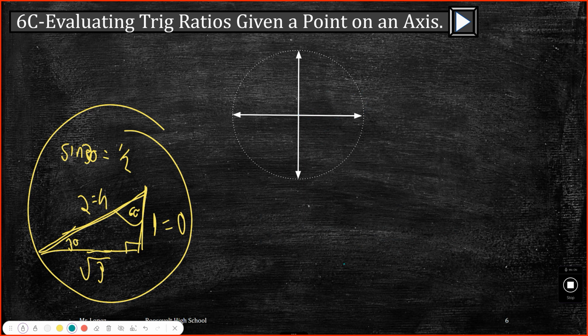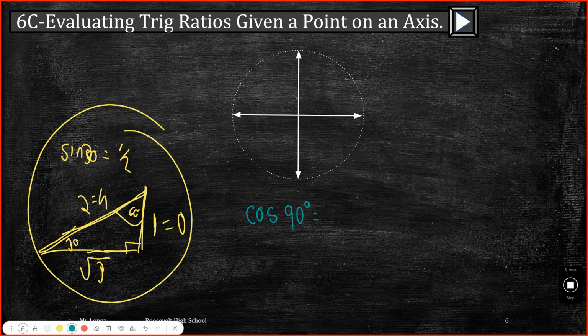Let's reason it out. So the closer we get, say, to up here, to like 90 degrees, reason it out. What would be cosine of 90 degrees? Put the calculators down. Now you start thinking. Think about what's going to happen.